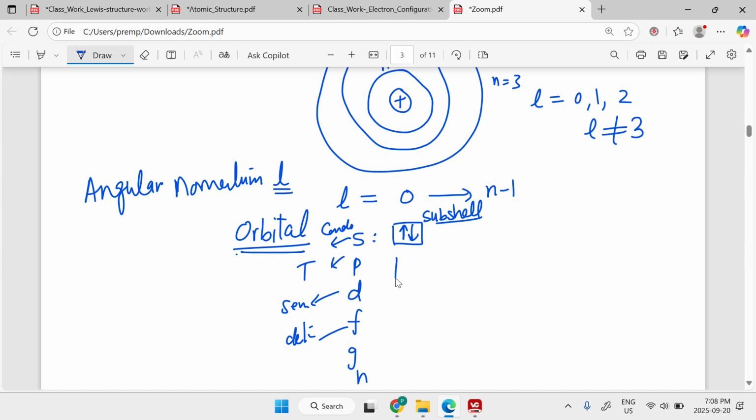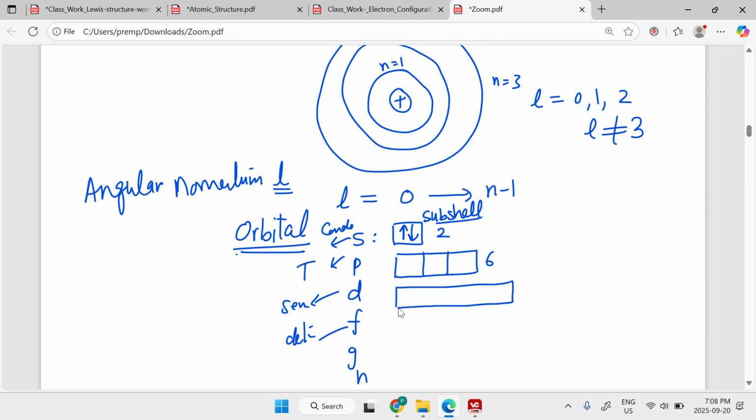When it comes to p, we have 3 values, meaning there are 3 rooms, and each room has 2 occupants. So that means s can hold 2 electrons, and p can hold 6 electrons. And when it comes to d, it can hold 10 electrons because it has 5 subshells.